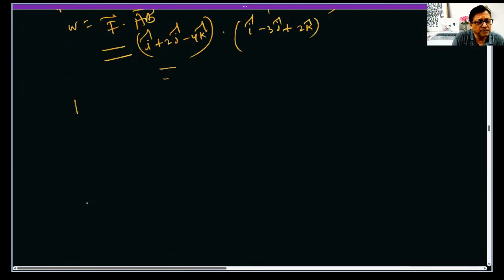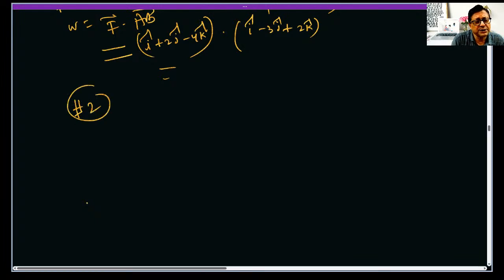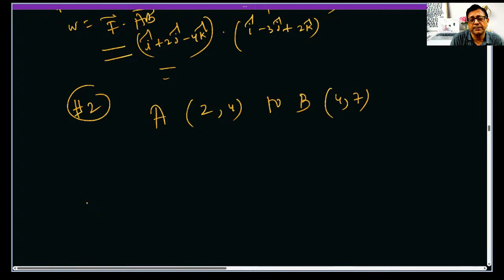Let us calculate another one. Second problem I am discussing: an object is displaced from A (2, 4) to B (4, 7) under the action of force F equal to 3x i plus 2y square j.